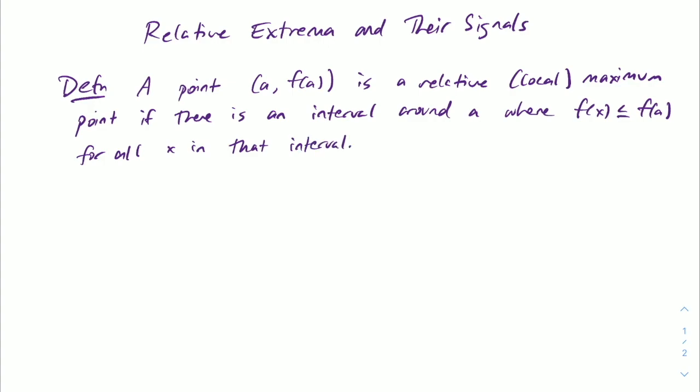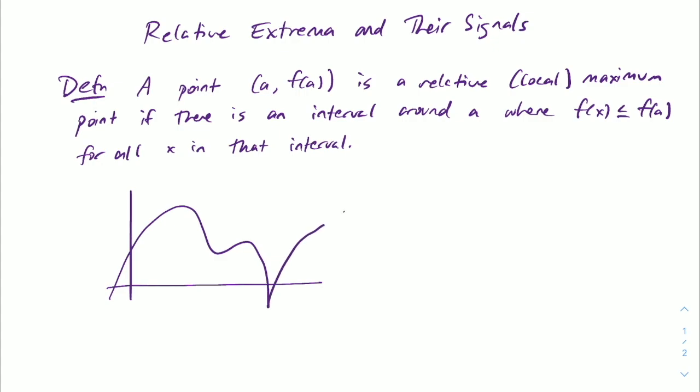All right, let's do a picture and explain what I mean here. So let's say we have a function f of x, and I will identify the local or relative maximum. So we have a relative maximum here, call it A, and here we'll call it A2.